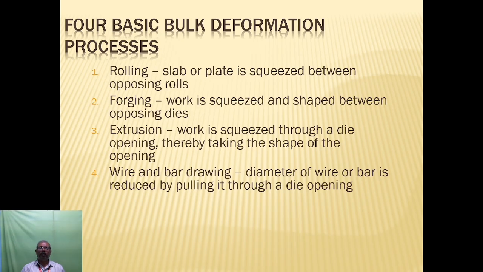In forging, the work is squeezed and shaped between opposing dies. In extrusion, the work is squeezed through a die opening, thereby taking the shape of the opening. While in wire and bar drawing, the diameter of wire or bar is reduced by pulling it through a die opening, then we will get the final product.